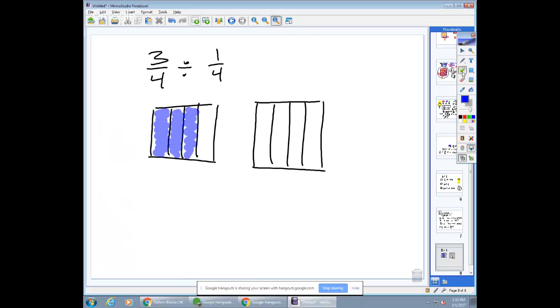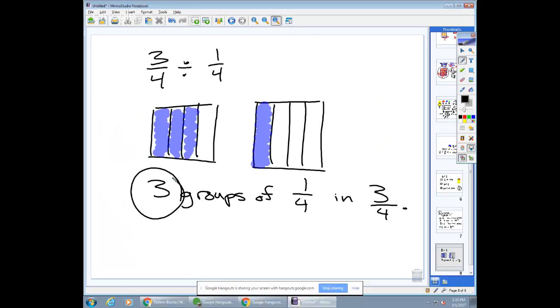And so pretty clearly here, I can see there are 3 groups of 1/4 in 3/4. So the answer has got to be 3. Now here, the denominator worked out nice. So the question is, well, what if it doesn't? How do we go about it?